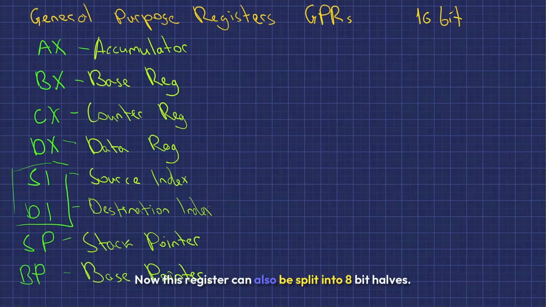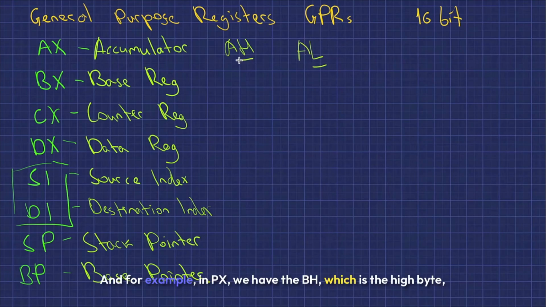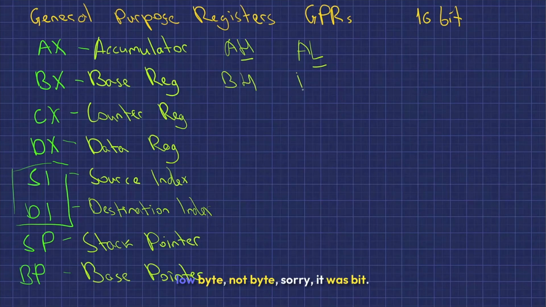Now these registers can also be split into 8-bit halves. For example, in AX we have AH, which is the high byte, and AL, which is the low byte. In BX we have BH, the high byte, and BL, the low byte. So remember, 8 bits and 16 bits.